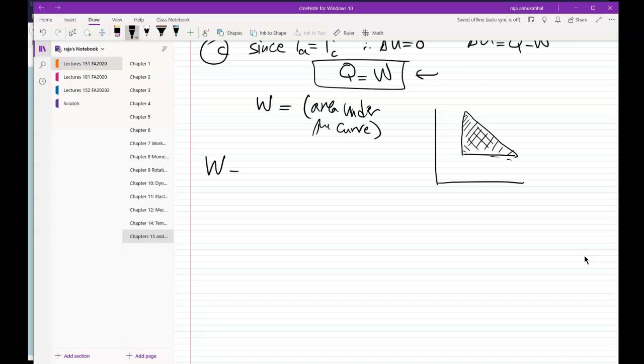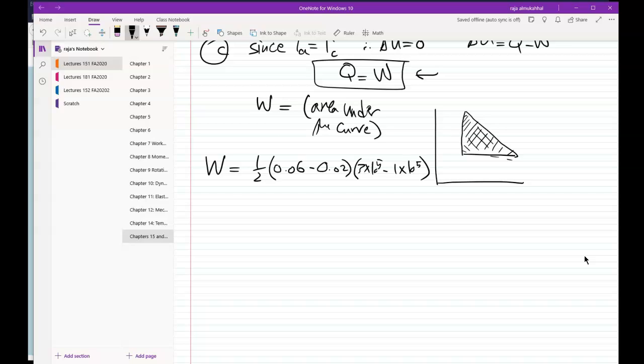So in this case, W is equal to half times, if you look at the diagram, go back to your book and look at the diagram, the bottom axis, in this case the volume: 0.06 minus 0.02, times the height, which is 3 times 10 to the 5th minus 1 times 10 to the 5th.